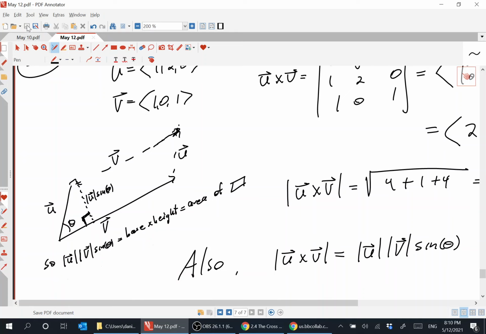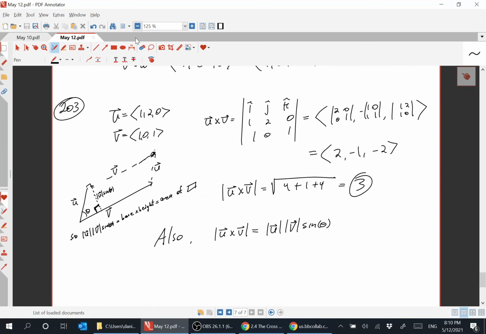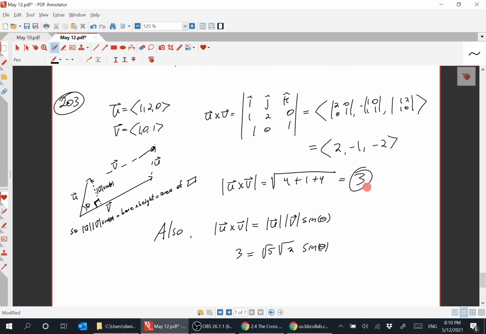Right, so in this case, we already know what the length of u cross v is because we did it component-wise. So that's 3. The length of u is square root 5. The length of v is square root 2. Times sine of theta.